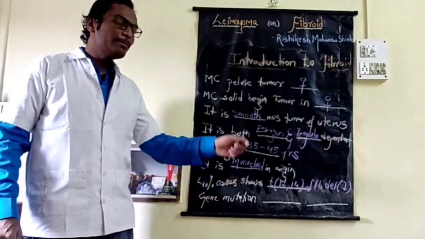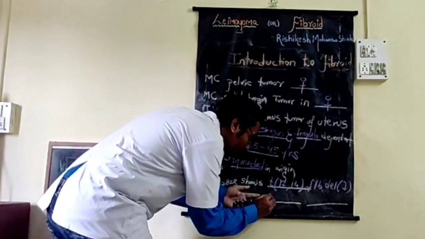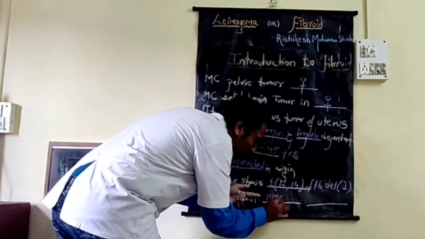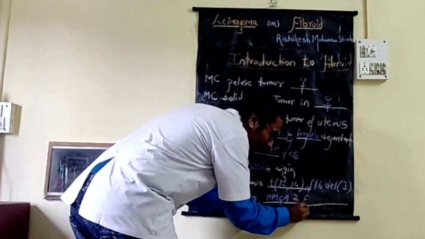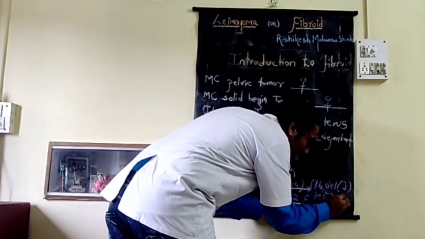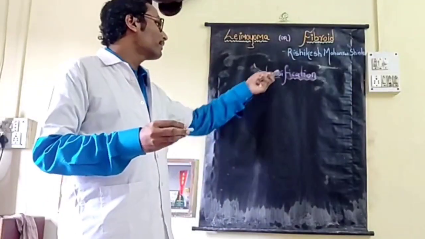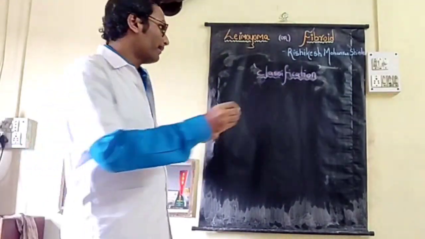And the gene mutations associated with this fibroid are the HMGA2 gene and the MED12 gene.